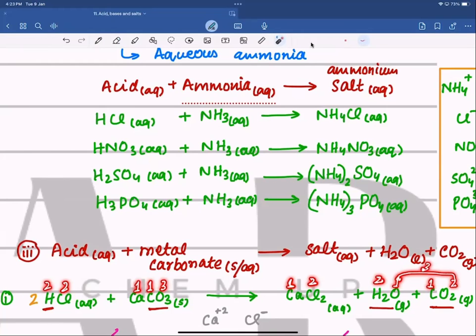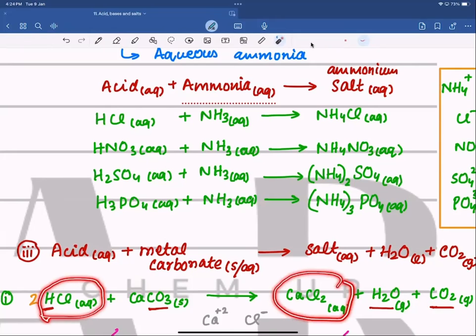Is this clear? Okay. Now, if you have to make the ionic equation, what was the first step? Breaking the aqueous. Very good. Just break the aqueous substances into ions and keep the rest as they are. In this equation, this is aqueous and this is aqueous.